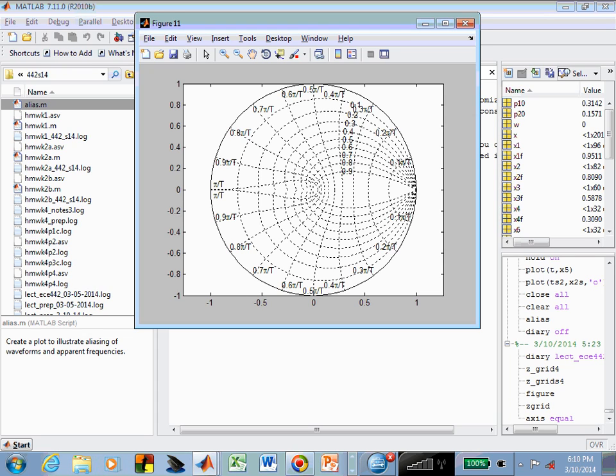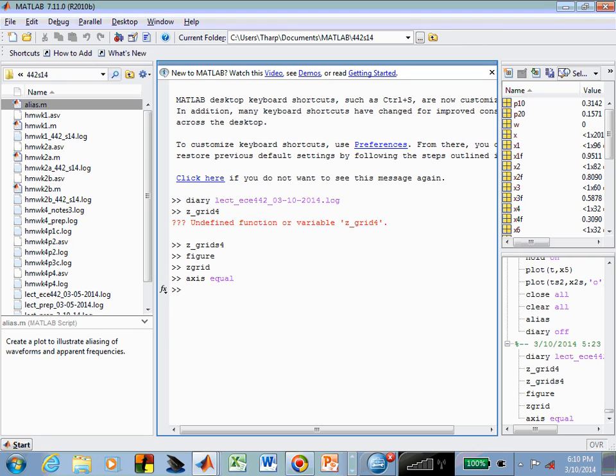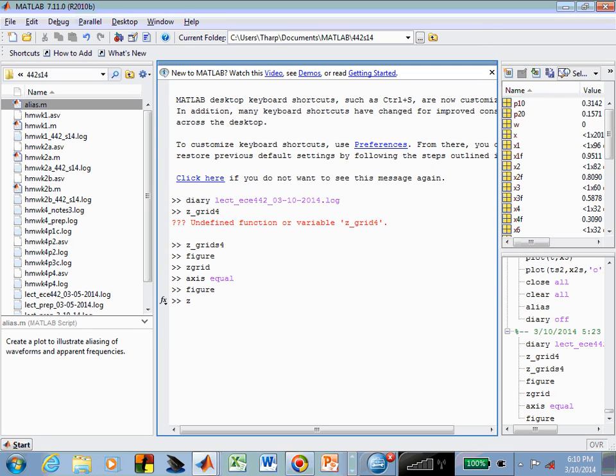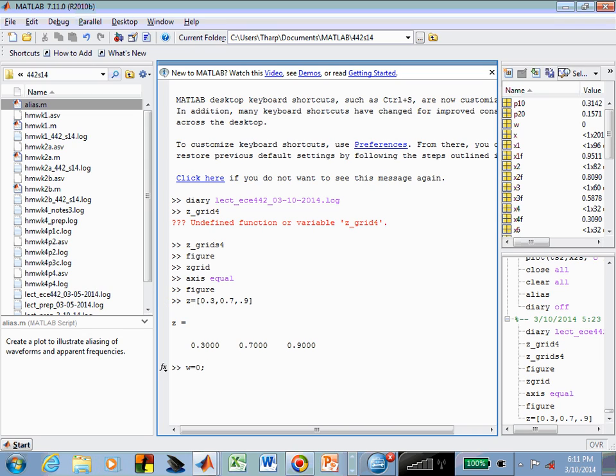And if you just wanted to say, oh, you know what, my design specs have now said I need to live between maybe a zeta value of 0.3. Oh, I can't make up my mind. Maybe it's 0.7 or maybe it's 0.9. And let me just say, I'm not worried about the natural frequency. You could actually do a z-grid with arguments of the zeta values and the frequency.